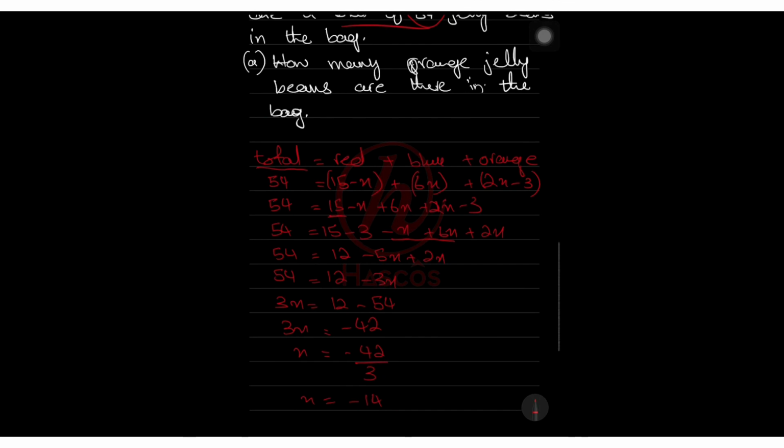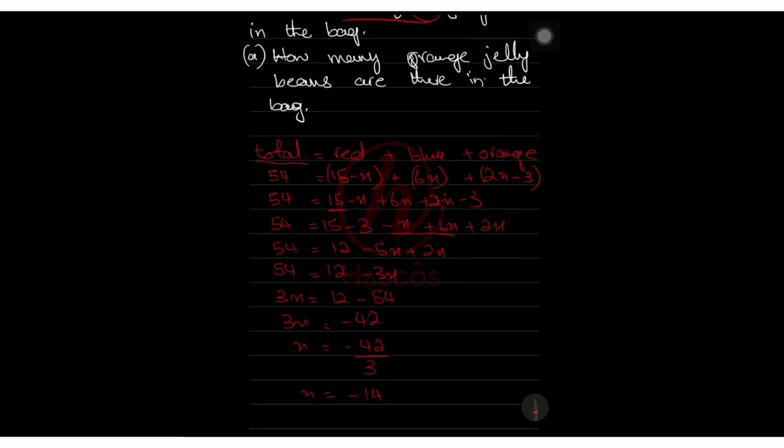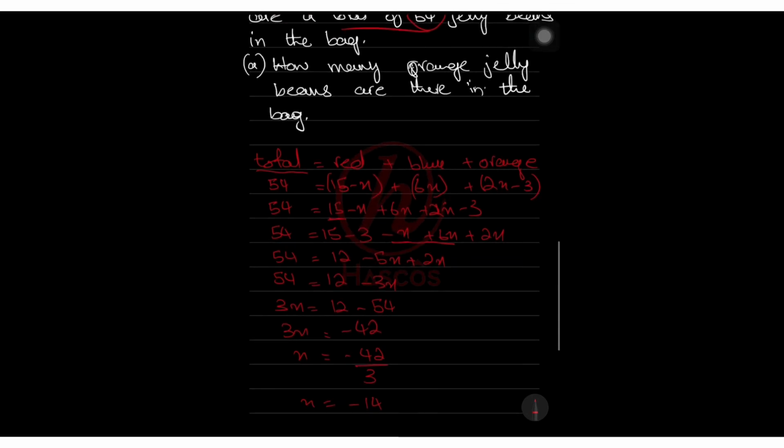So we have the value of x before us. Let me check for silly mistakes. Beg your pardon, this should have been a plus 5x.